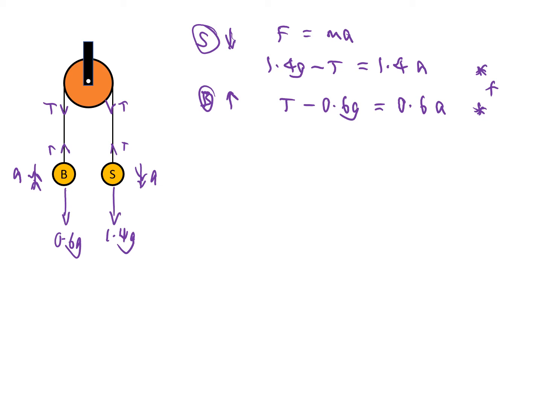When I do that, the T's cancel each other out. So I'm left with 0.8g equals 2A. And I calculate A is 3.92 meters per second squared.